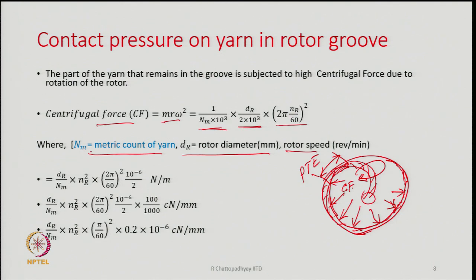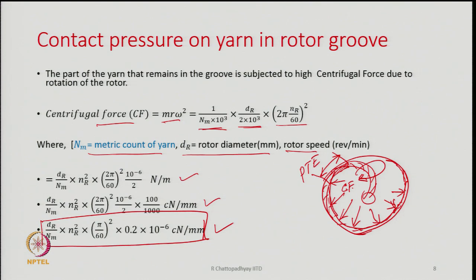If we do that, these are the steps shown one after the other, so that it is easy for you to understand. After writing the value of m, r and omega, we simplify gradually and arrive at this equation now: dr by nm, nr square pi by 60 whole square, 0.2 into the power minus 6, so much centinewton per millimeter.